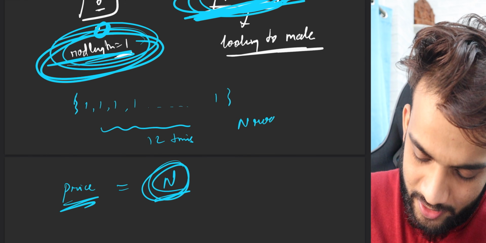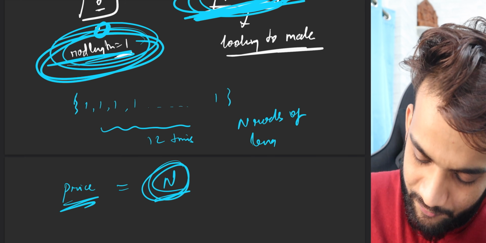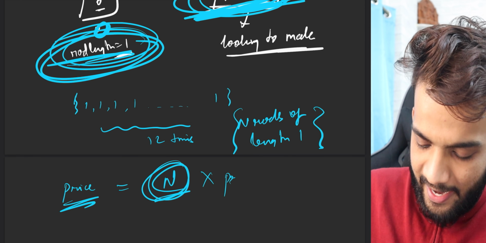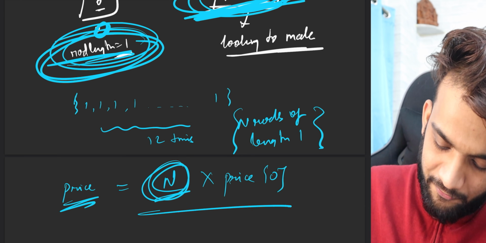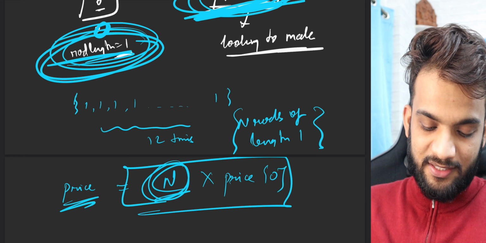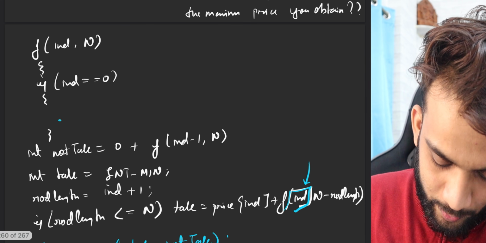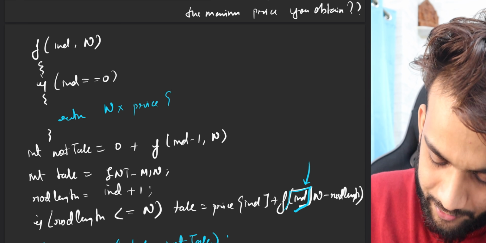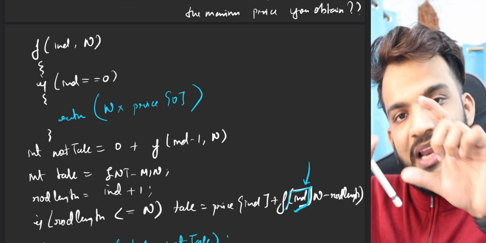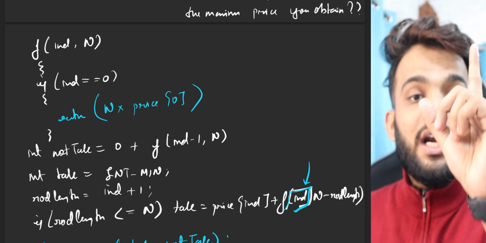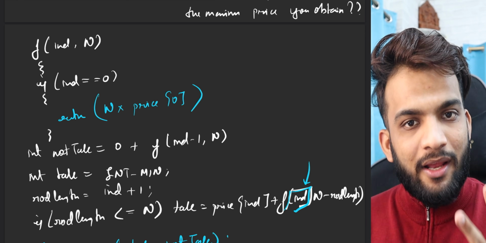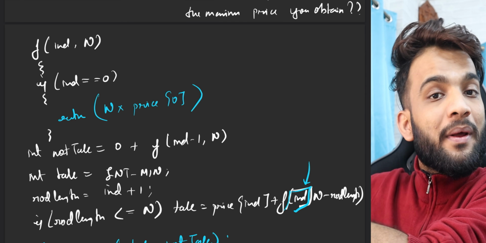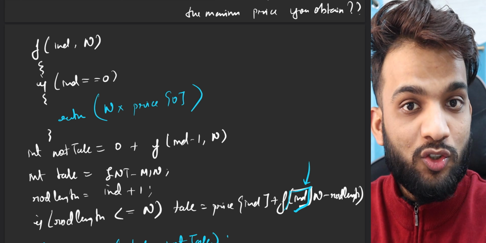And if it requires n rods of length 1, what will be the price? n into price of 0. Perfect. So that's what you'll return: n into price of 0. Because the last rod is of length 1, I know I'll require n rods of length 1, and the pricing will be n into price of 0. That's the base case. Super simple.